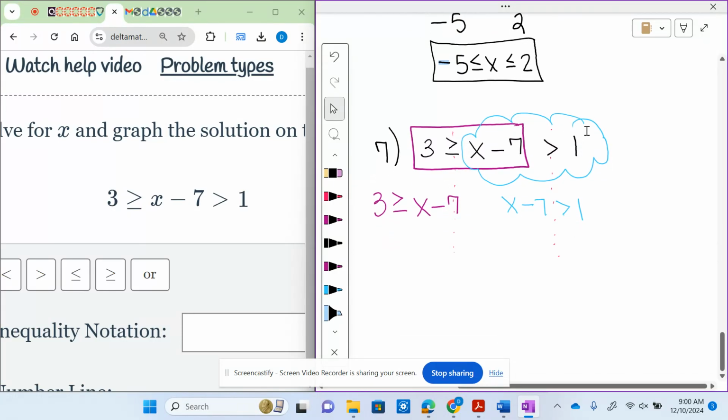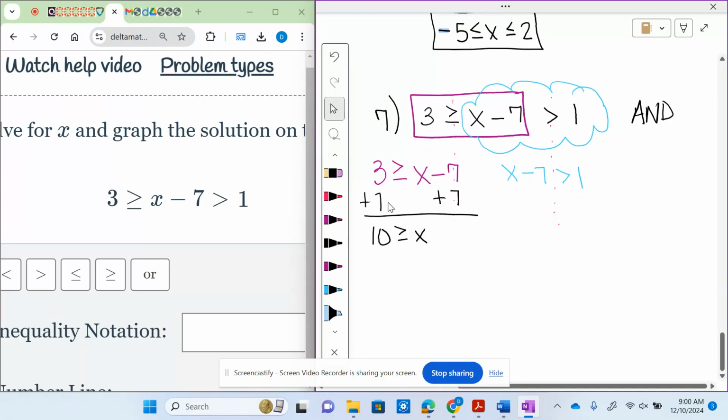Okay. Now, because this inequality is smushed together, it's an and, right? Because you can kind of smush them together. So we know that this is an and. I'm going to add 7 to both sides of the first inequality. So I end up with 10 is greater than or equal to x.